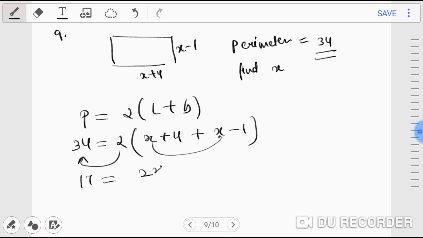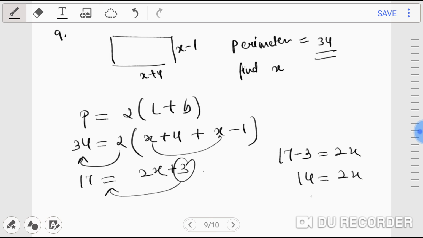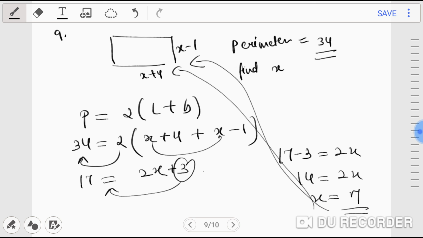Here 2x, 4 minus 1 is 3. Can we take the 3 here? Yes. 17 minus 3 is equal to 2x. That will be 14 is equal to 2x and the value of x will be 7. You can put the value of x in length and breadth to get them, or, because the question only demands x, you can keep your answer till here.